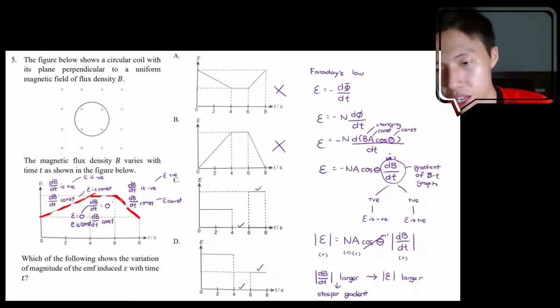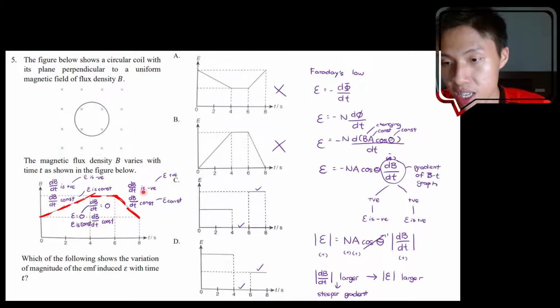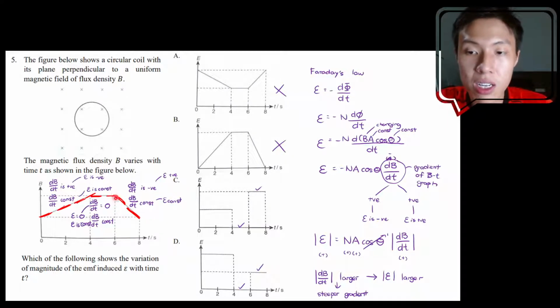Well, you can see, probably logically, that the later section is steeper because it takes 2 seconds to drop from high to low. Whereas this one, it takes 4 seconds to go from low to high. So if it takes longer time to make these changes, then that means it's not so steep. If it takes only 2 seconds, then that means it's a faster change, a steeper gradient.